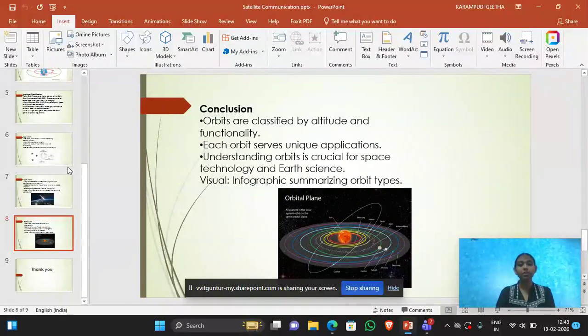Mainly, we ask why satellites are placed in that orbit only. Like that, questions arise. But the reason is that where the satellite is placed, that is the orbit. Simply, we place it there.